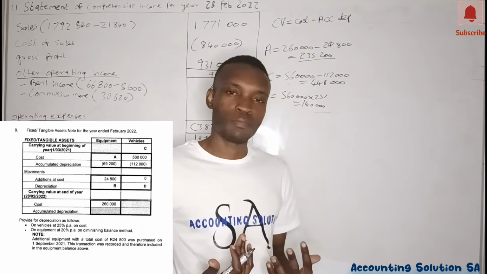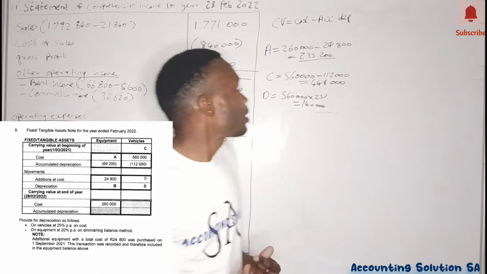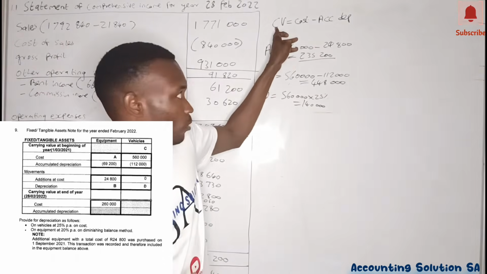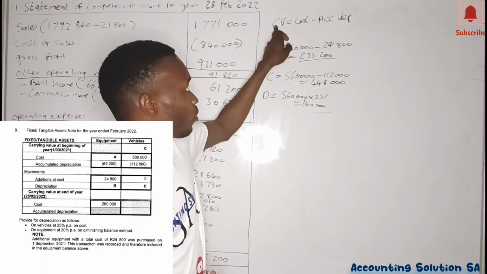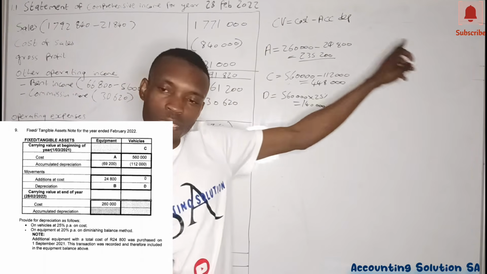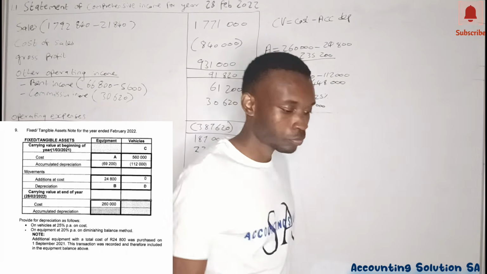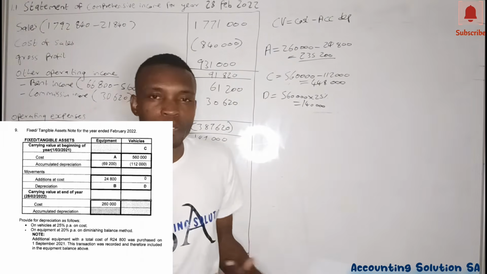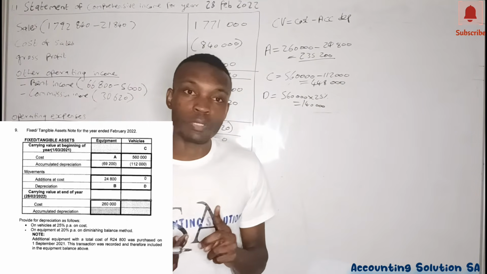When we say diminishing balance method, guys, again and again, this is the same as carrying value method. Instead of using cost, we are going to use a carrying value, which means that we don't use cost only. We have to subtract depreciation first. Now, another problem is that we have another vehicle that has been purchased on 1 September.